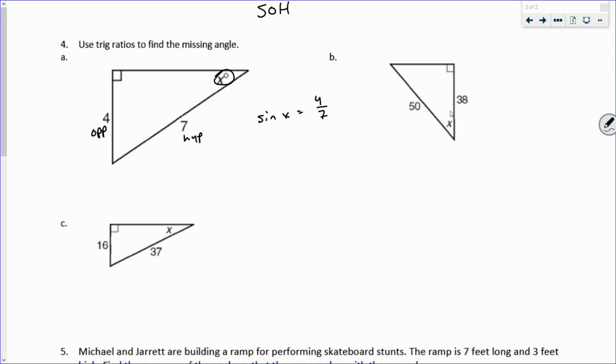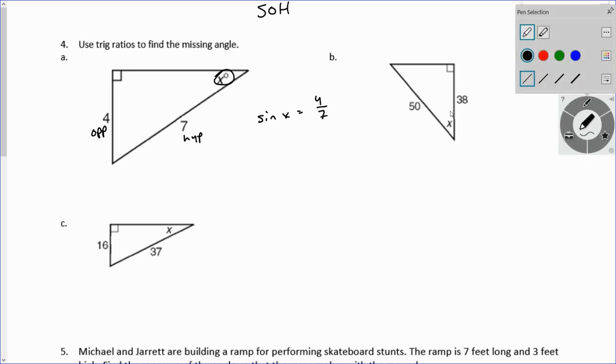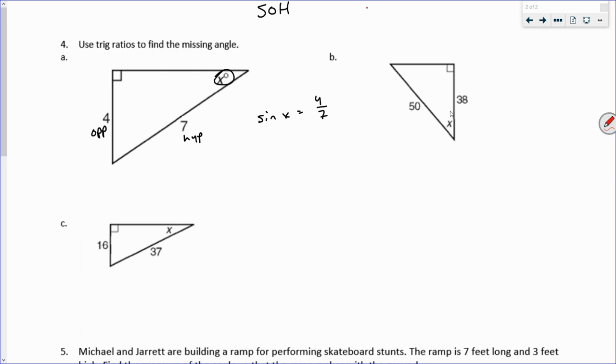Now, if you look at your calculator, hit the second button in the upper left-hand corner, and then hit the sine button. Above it, it says sine to the -1, which is our inverse, how we undo sine.